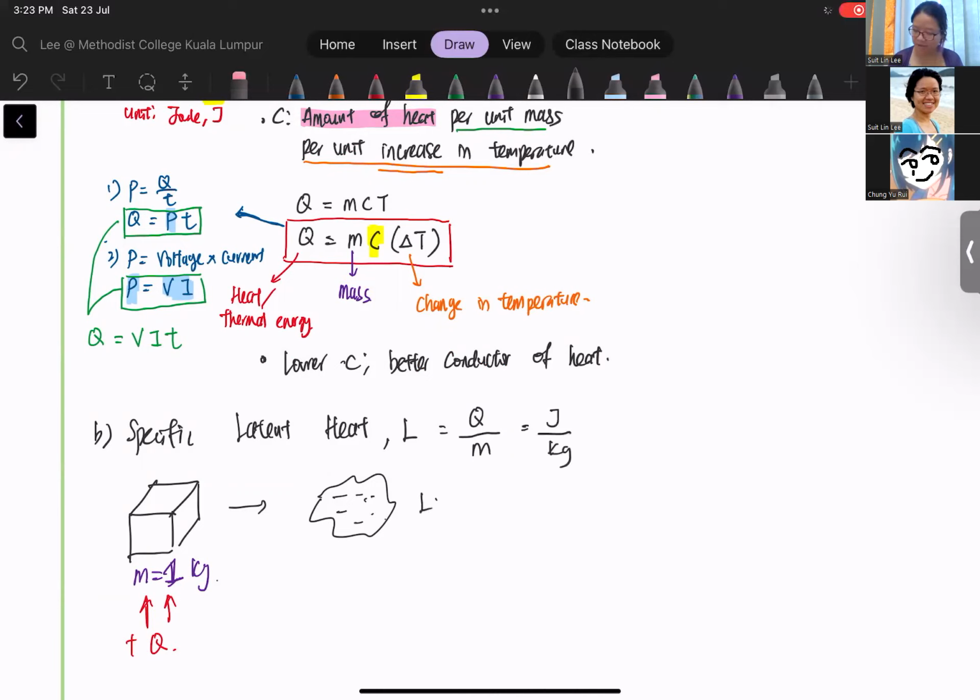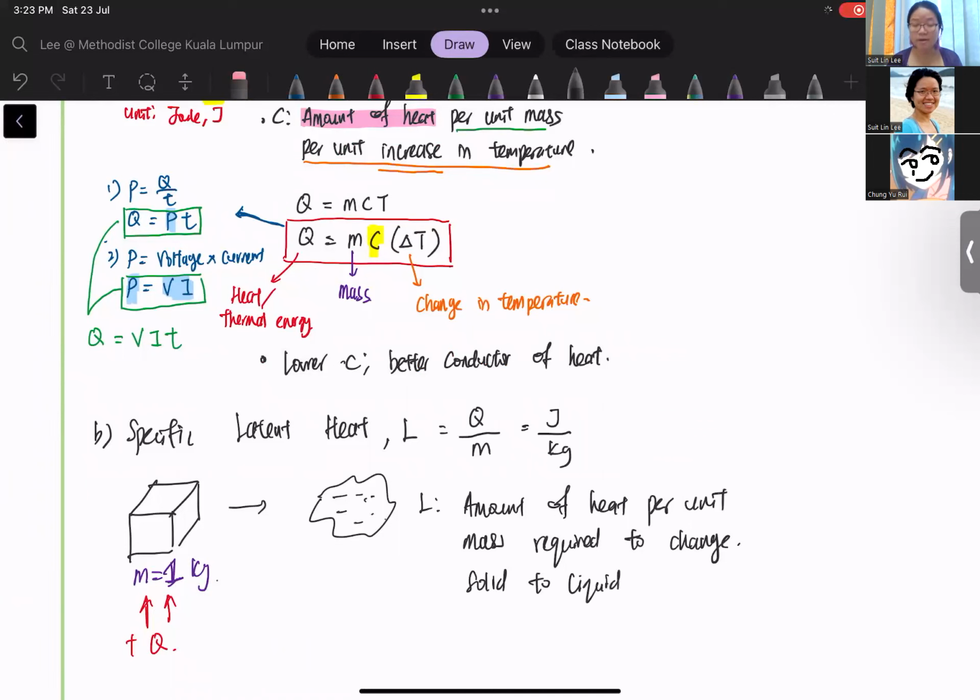So we define L as the amount of heat per unit mass required to change solid to liquid at constant temperature.